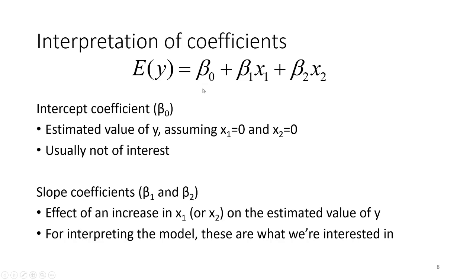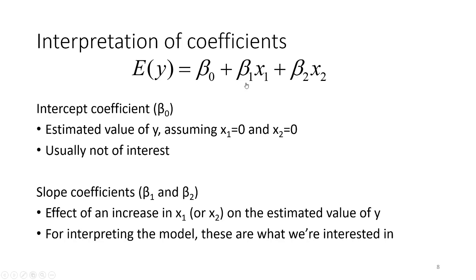Usually, this is not of interest. It's usually not interesting what the predicted value of y would be when x1 and x2 are both 0, because that's usually outside the range of our data. But it's good to know what beta 0 would mean if we needed to interpret it. Much more interesting are our slope coefficients, beta 1 and beta 2.